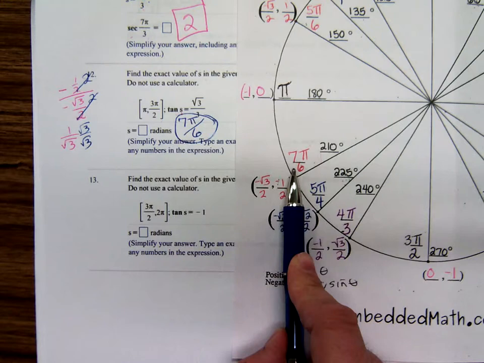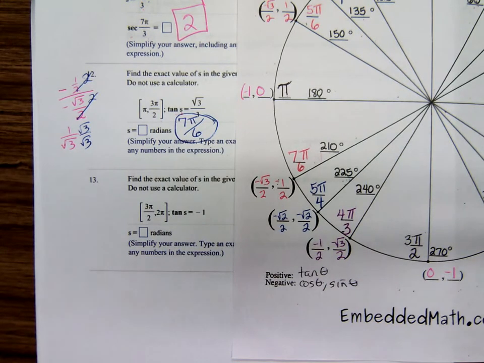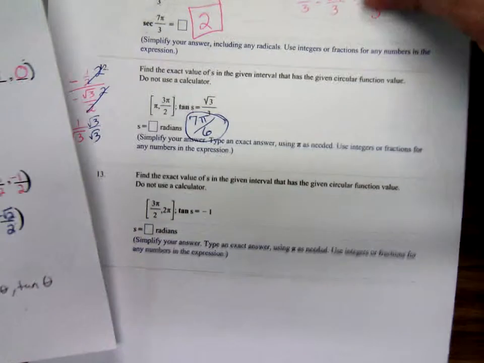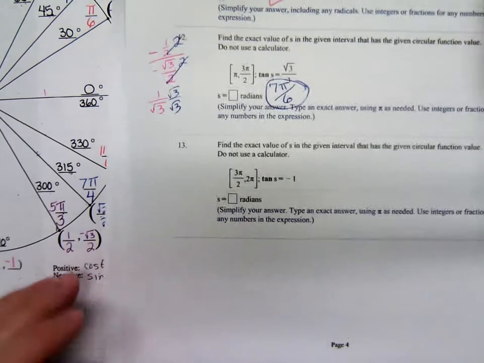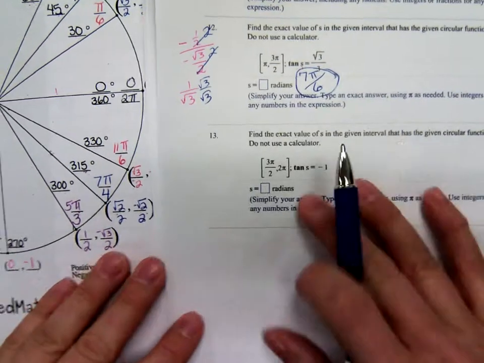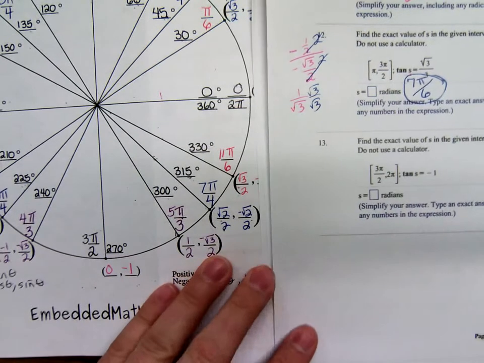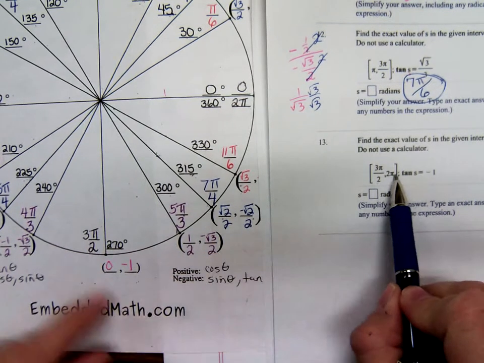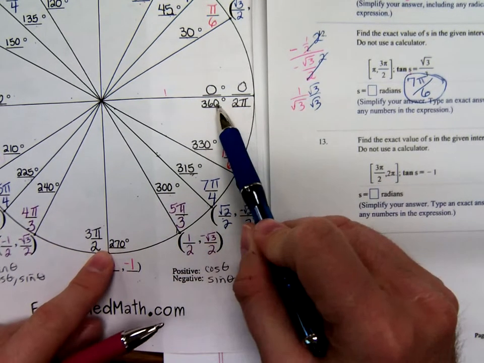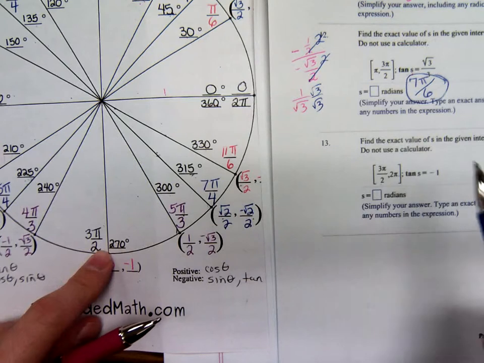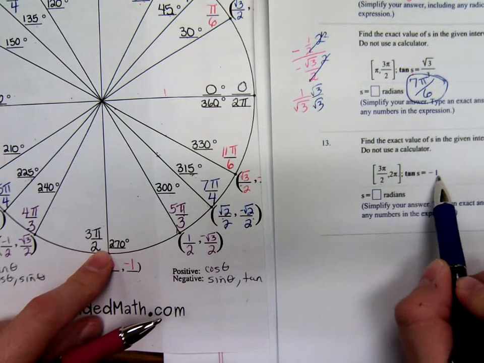What about number 13? Well, we're told look from 3 pi over 2 to 2 pi. That would be from 270 to 360 degrees. Where is the tangent equal to negative 1?